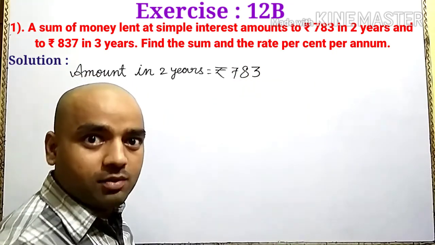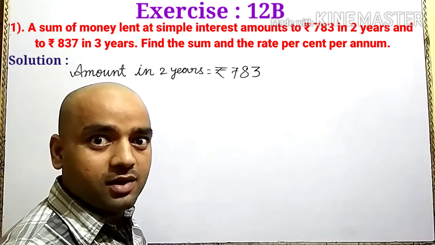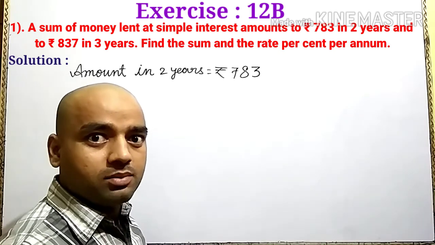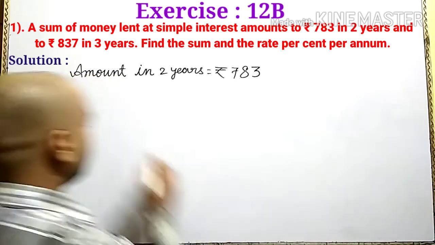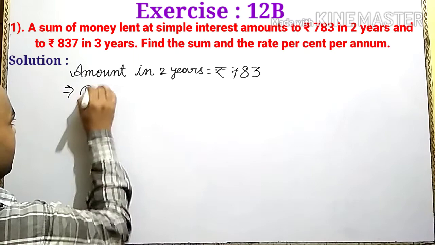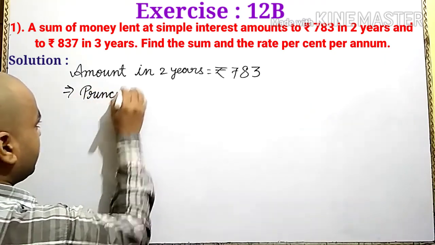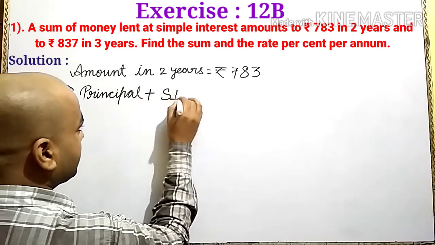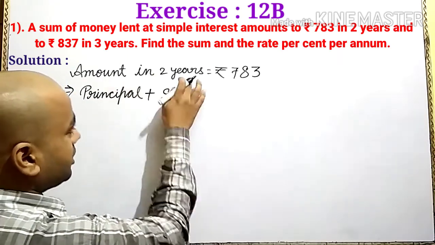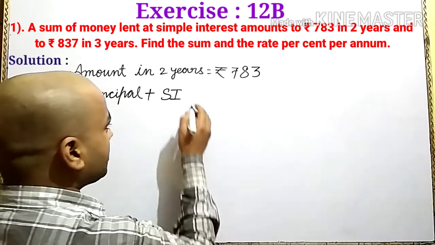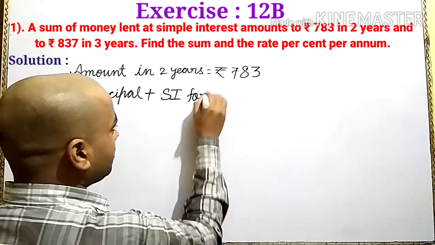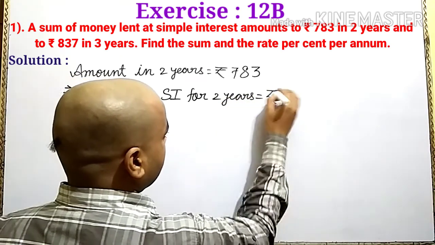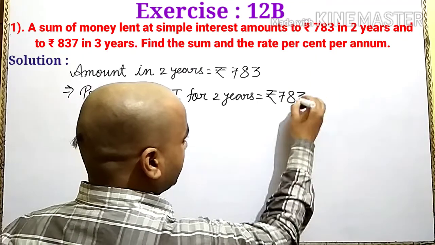We know that amount is equal to principal plus simple interest. Amount is equal to principal plus simple interest. So here write principal plus simple interest for 2 years, given 783 rupees.